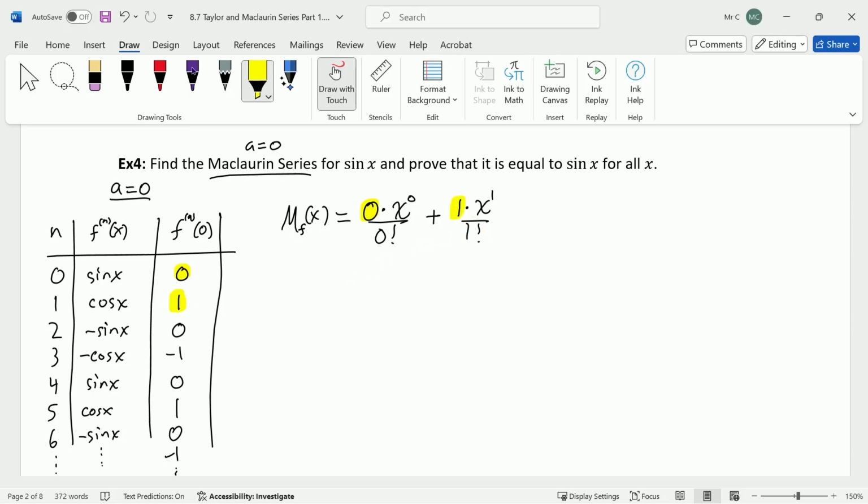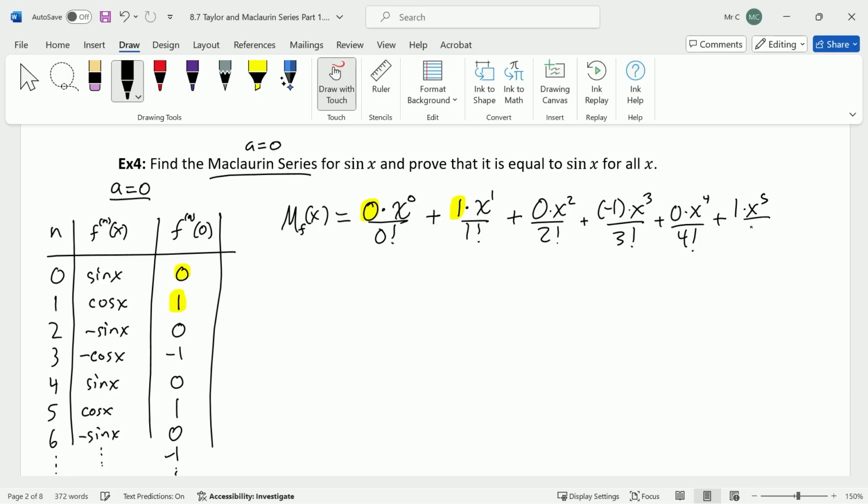That's what we've got here. So plus 0 times x squared over 2 factorial plus negative 1 times x cubed over 3 factorial plus 0 times x to the 4th over 4 factorial plus 1 times x to the 5th over 5 factorial plus ... That's enough.